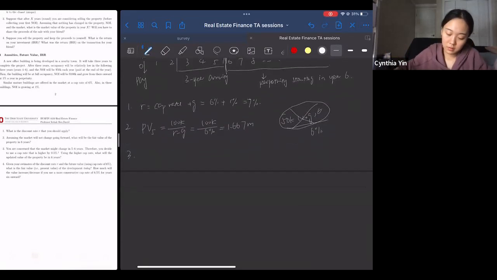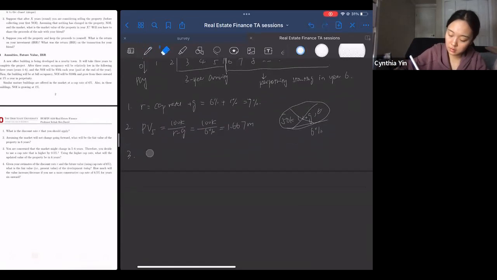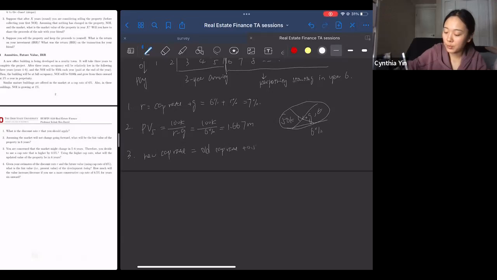And in question 3, you're concerned that the market might change in 5 or 6 years. So you want to increase the cap rate by 0.5%. This is actually exactly the same as the previous question 2. It's just saying, how about you use a new cap rate? New cap rate equals old cap rate plus 0.5%, which is 6.5%.